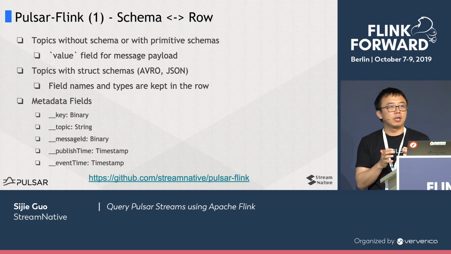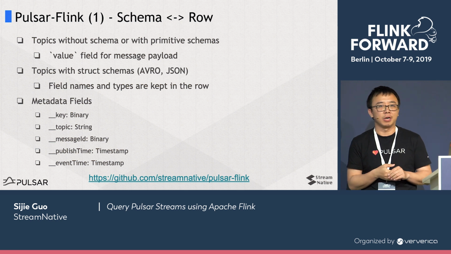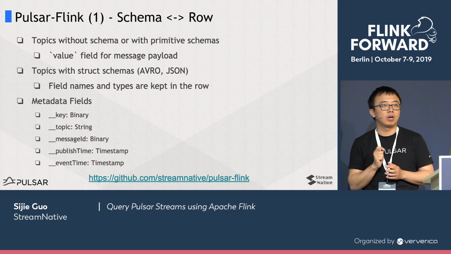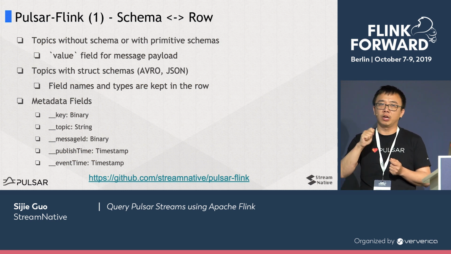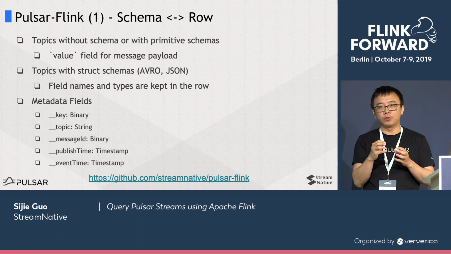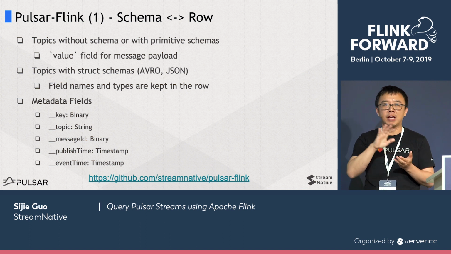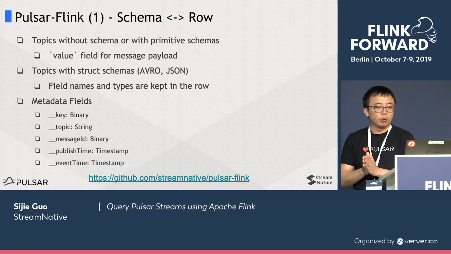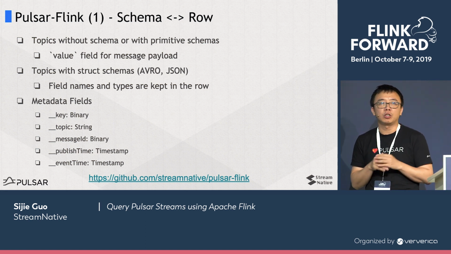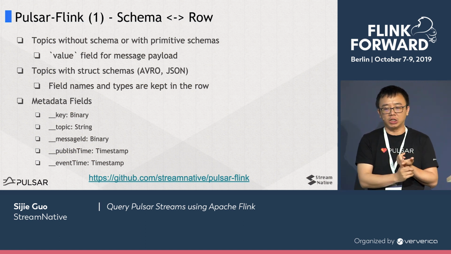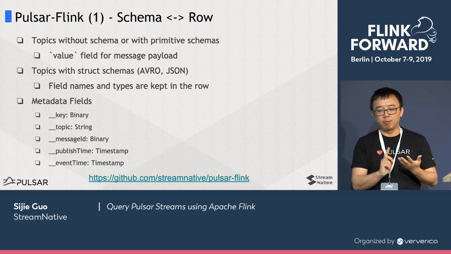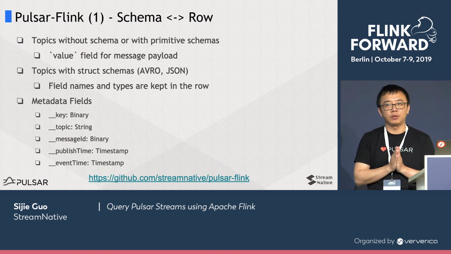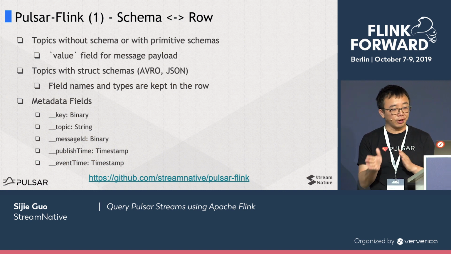If the topic is associated with a struct schema, like Avro or JSON, we know the individual fields within the struct, so we extract them from the schema information and map them to the Flink type. Additionally, there is metadata associated with each message, like the message key, topic, message ID, publish time, and event time. Those are converted into metadata fields in the Flink row.